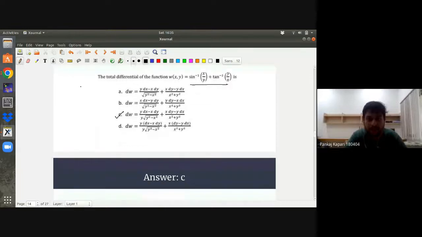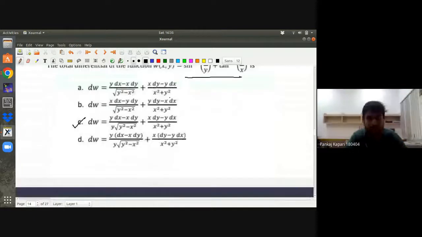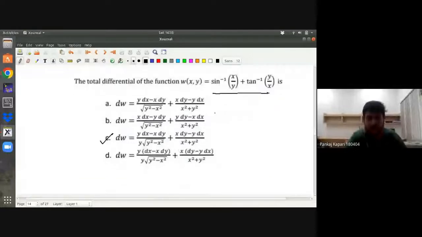So you mean I should zoom it a little bit. So now can you read? Is this problem visible clearly now? I have zoomed a little bit.